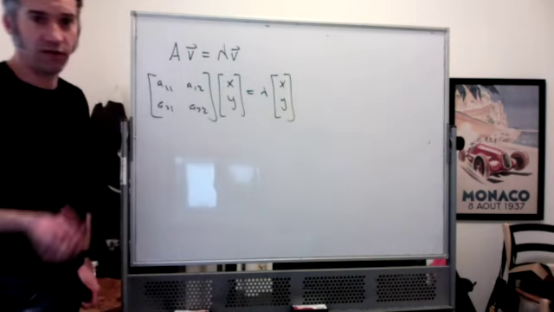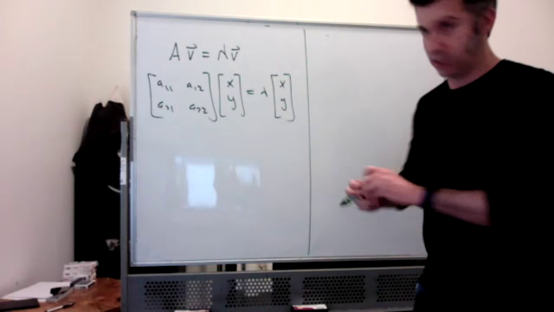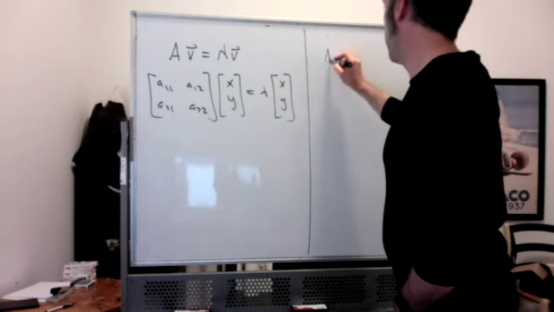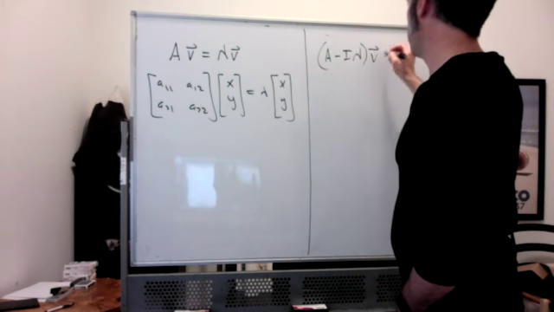I solved that, whereas she correctly, and I think very appropriately, solved this: (A minus lambda I) times v equals 0.